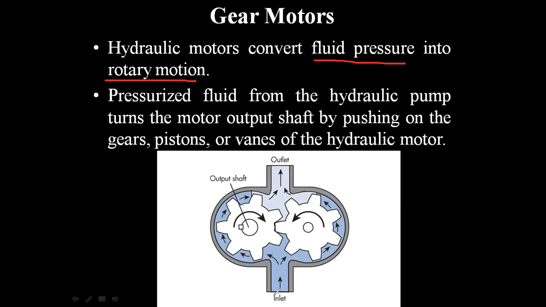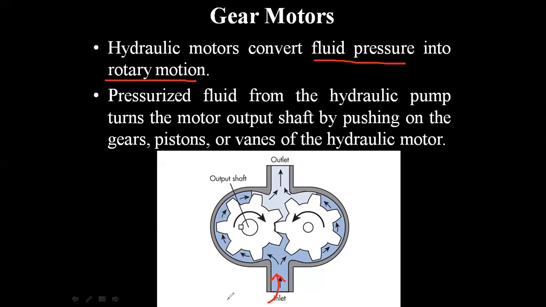Our ultimate aim is to rotate these gears inside. Our input is the fluid coming from the pump, and the output is mechanical energy, which is produced from these gears. So our ultimate aim is to rotate these gears at a higher RPM.